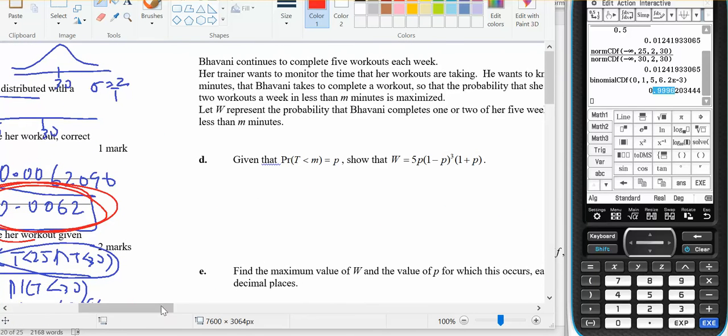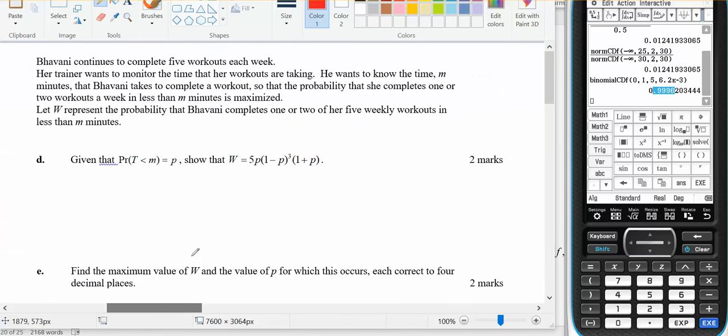Okay, the second part of this question takes a bit of a turn. She continues to complete 5 workouts each week, so it's still binomial. Her trainer wants to monitor the time to complete a workout, so the probability that she completes one or two workouts in less than m minutes is maximised. W is the probability that she completes one or two of five workouts in less than m minutes. So I don't know what p is. I've got to find p, but I've got to show that less than m, so it's one or two.